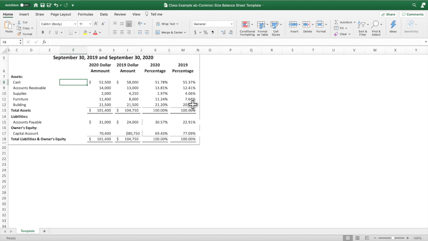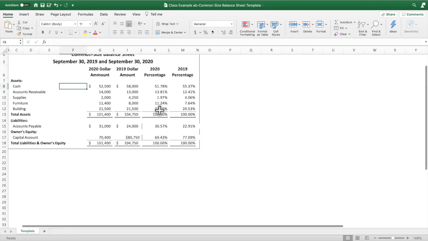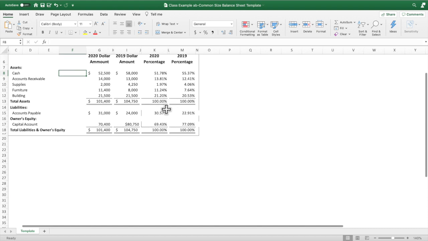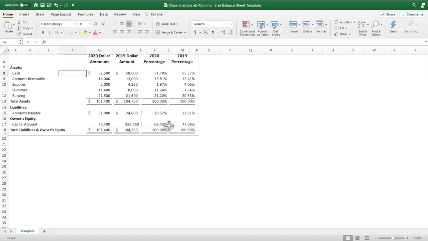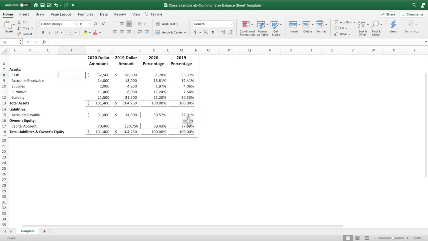And building accounted for 21.2%, whereas in 2019 it accounted for 20.53%. So the building may have gone up in value, right? So our building as an asset is 21.2% of our total assets. Now if we look at accounts payable, in 2020 it accounted for 30.57% of our total liabilities and owner's equity, whereas in 2019 it accounted for 22%. So we owe a little more in 2020 than we did in 2019.